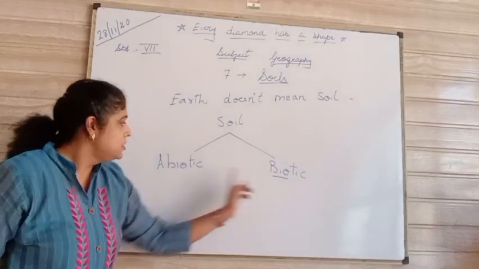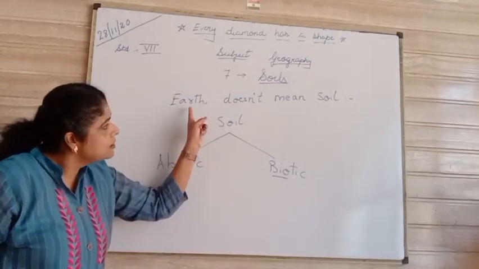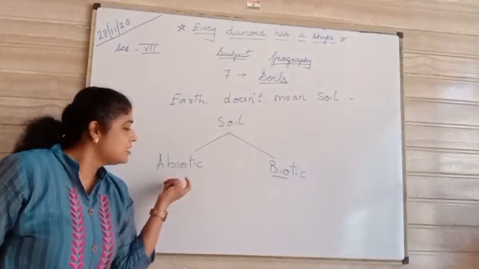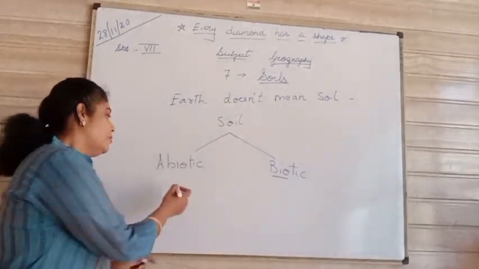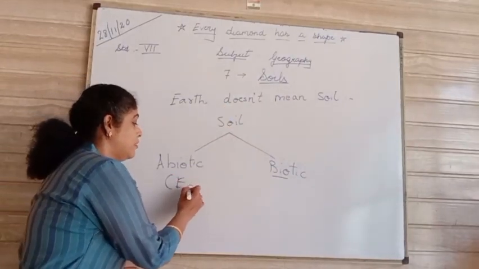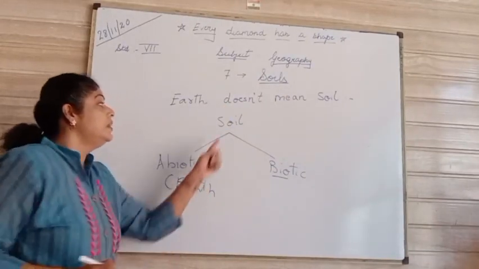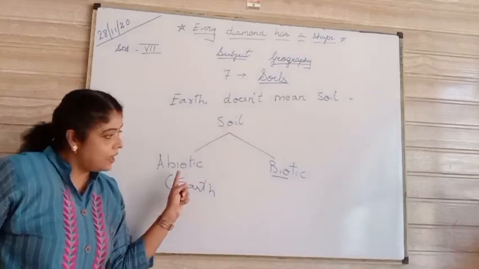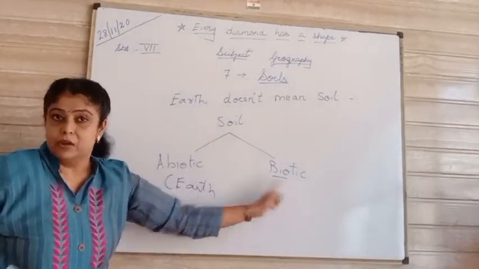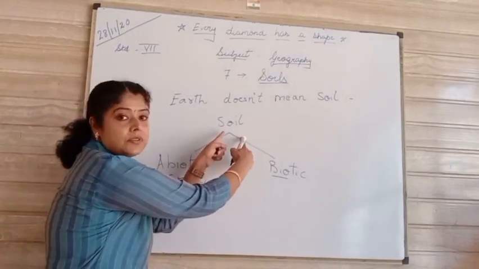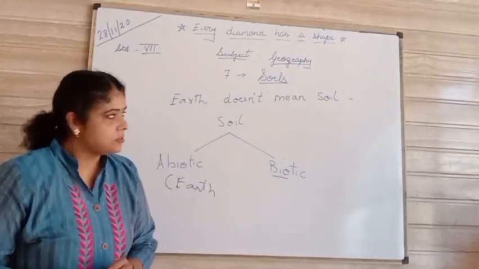So these are the two parts. It is said that earth doesn't mean soil, meaning earth is the abiotic part, only a part of soil, whereas soil consists of the biotic part as well as the abiotic part. Both combined together become the soil. I hope you all understood it.